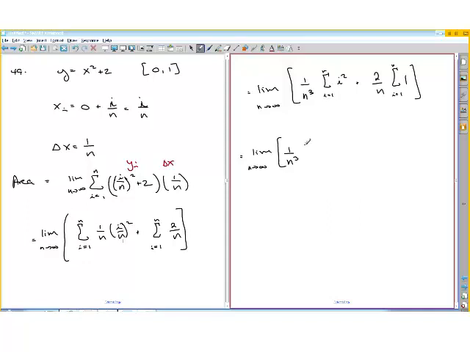So we get 1 over n cubed times n times n plus 1 times 2n plus 1 over 6. And then the second term is 2 over n times this, but that's just equal to 2.